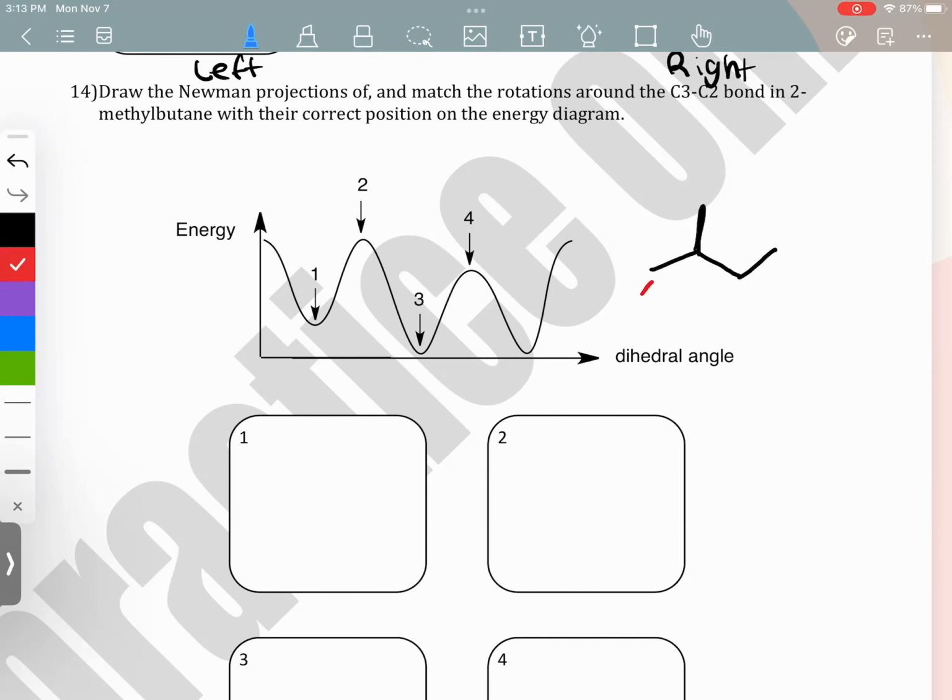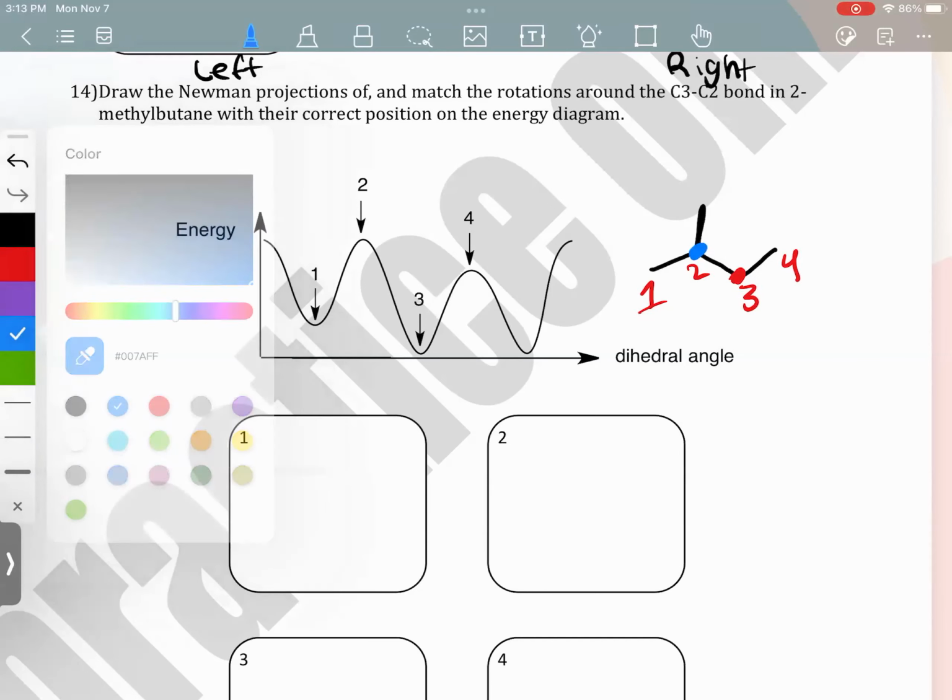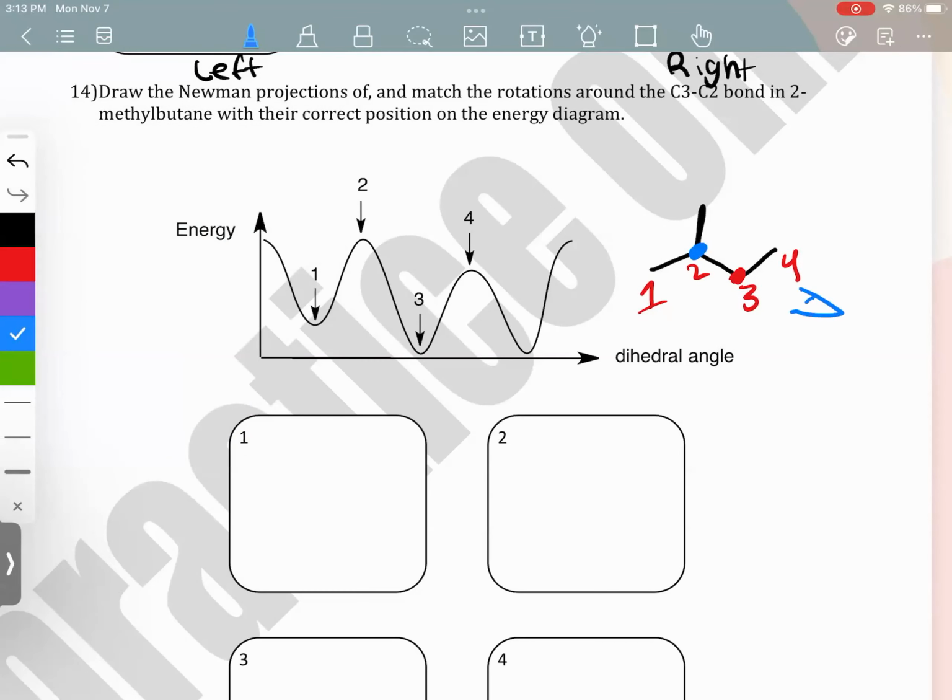They want Newman projections looking down from the third carbon to the second. So that means your third carbon would be the first one, and the second carbon would be the big carbon in the back. So we're looking at it through this point, down that central carbon-carbon bond.